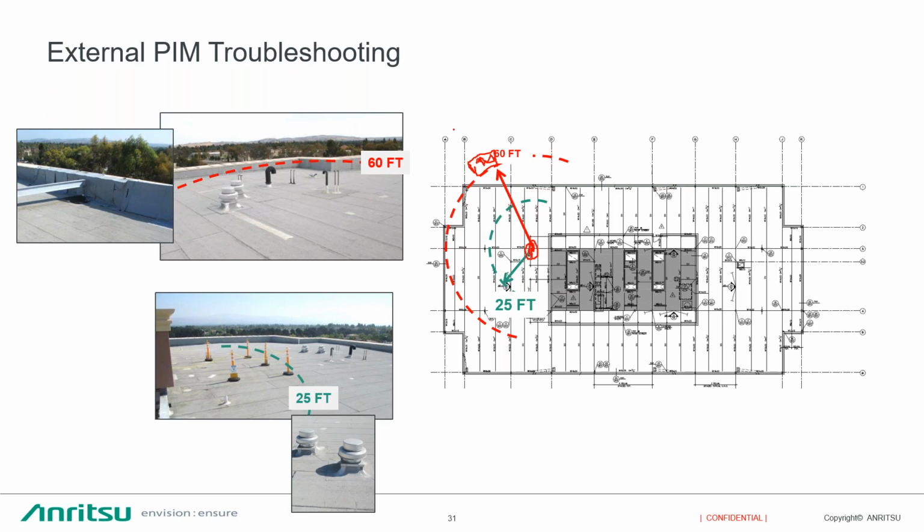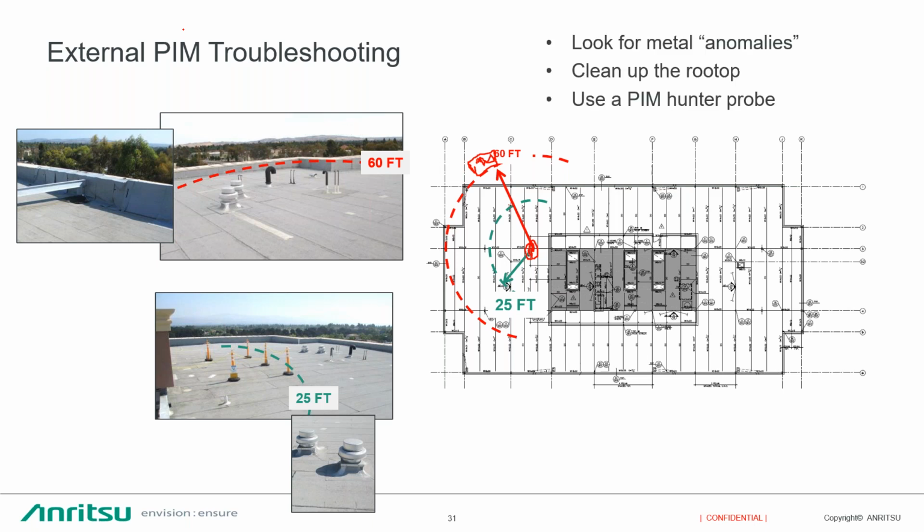And again, this whole area of external PIM and troubleshooting is a whole new webinar, and people have talked about this for years. So if you've been in the industry for a while, you know that there are a lot of methods to do external troubleshooting. Okay, I think all of you know, looking for metal anomalies, clean up the rooftop using a PIM Hunter probe.